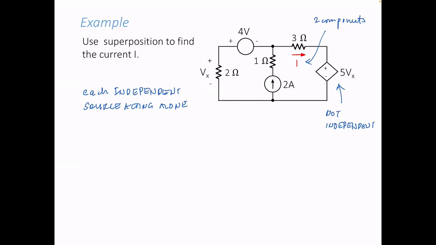Okay, so the 4 volt source acting alone, the 2 ampere source becomes an open circuit. So what will I get?